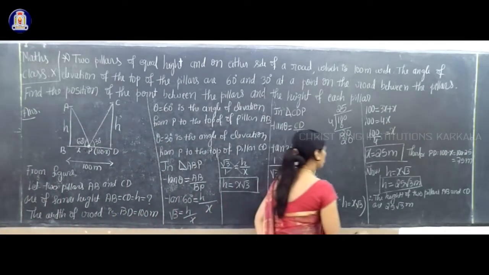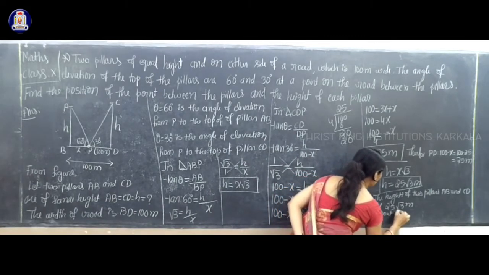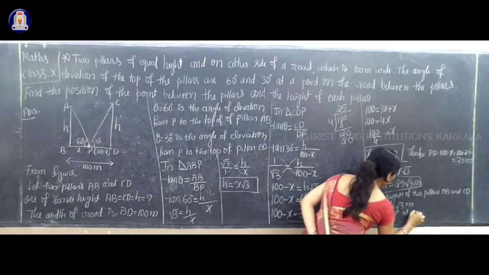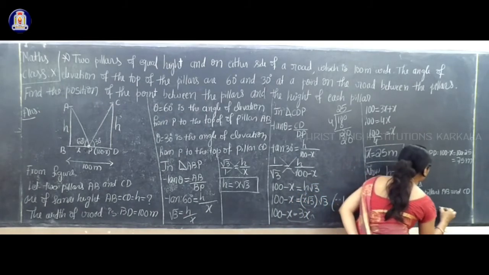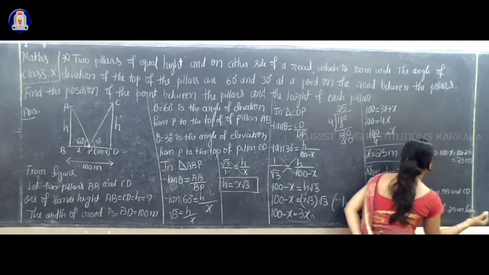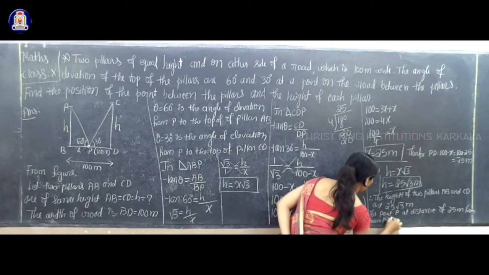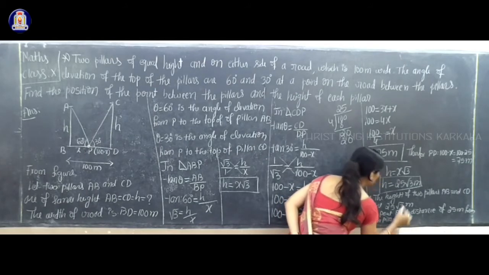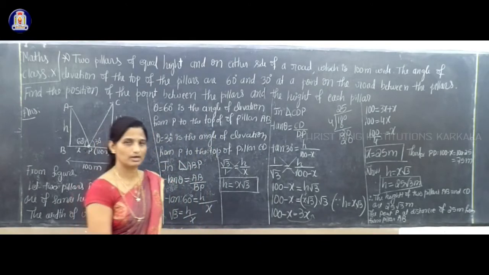Now next, the position of the point P is at a distance of 25 meter from the first pillar AB. So from the first pillar the point is at a distance of 25 meter.